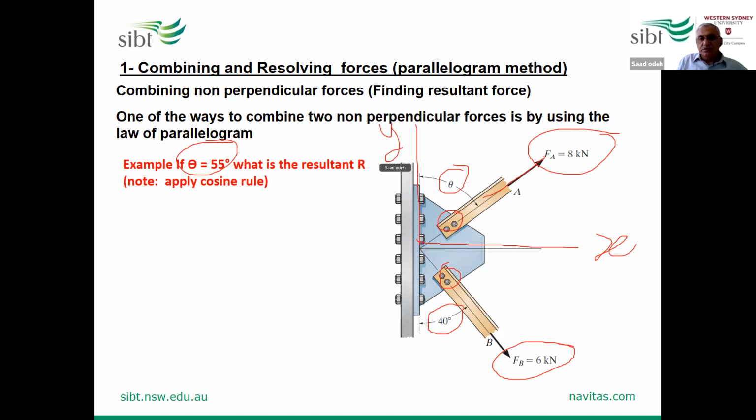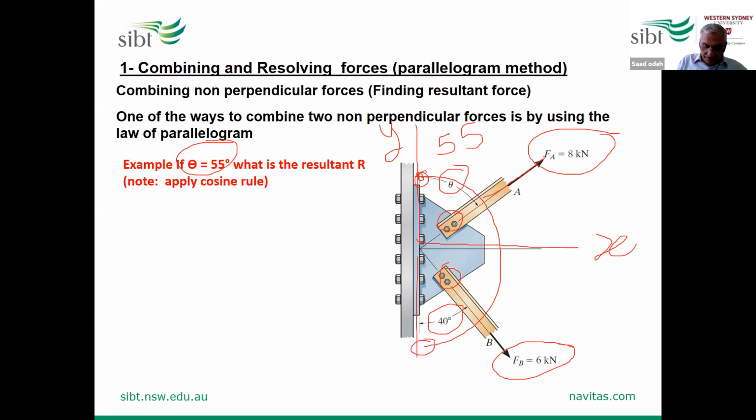So I call this a 2D system. If I know the angle here is 40 and the angle here is 55, then the total angle of the line between both sides is 180.